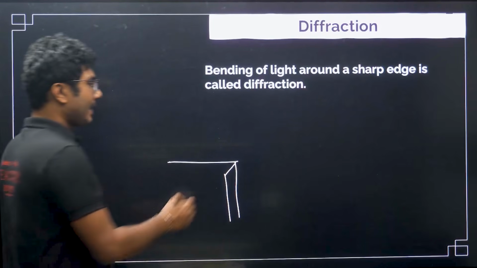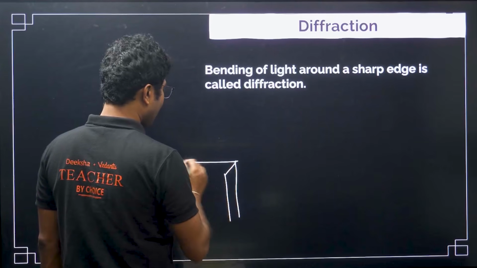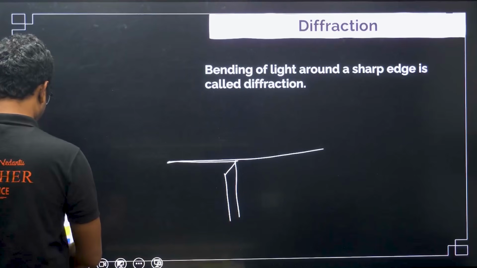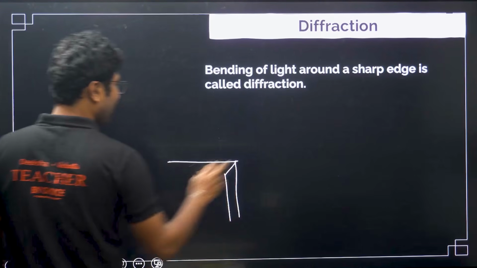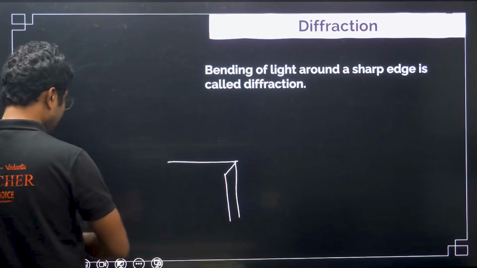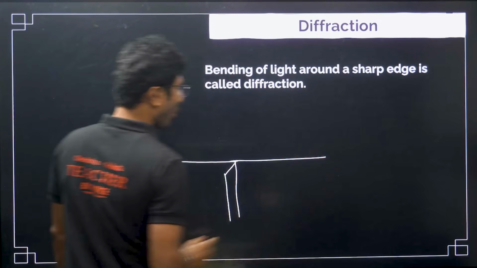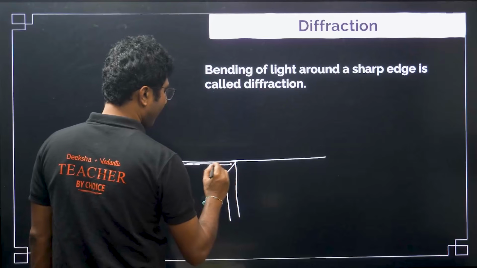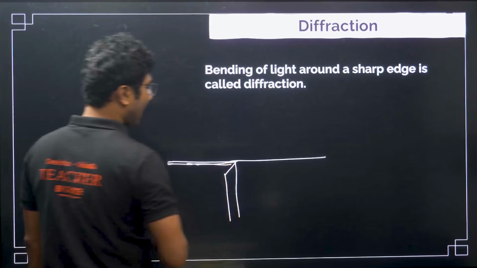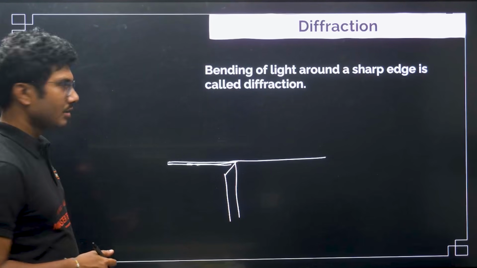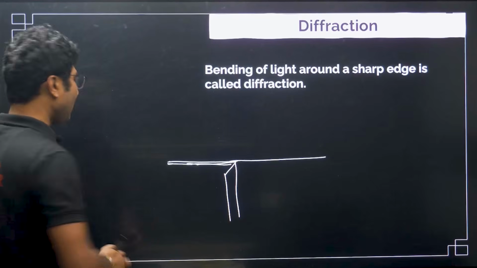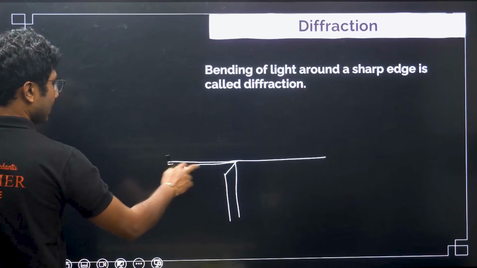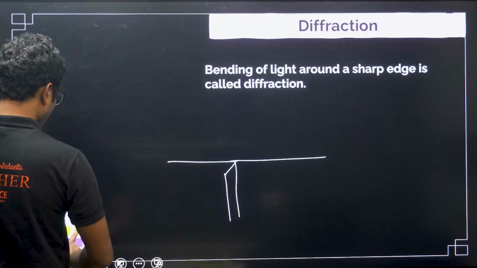At this edge, light should either travel in a straight line path, or if it is slightly below that line, the light will be completely blocked, right. This is the basic, simple geometric optics that we have learned.